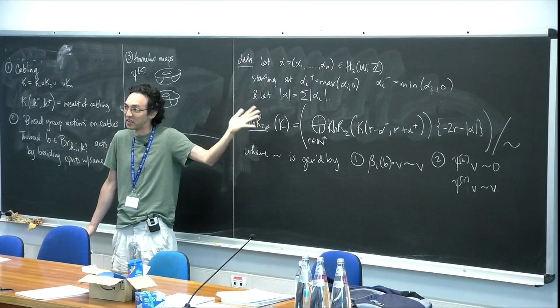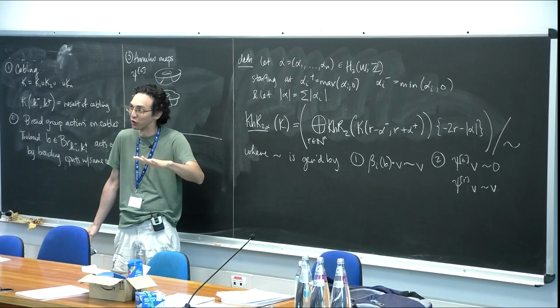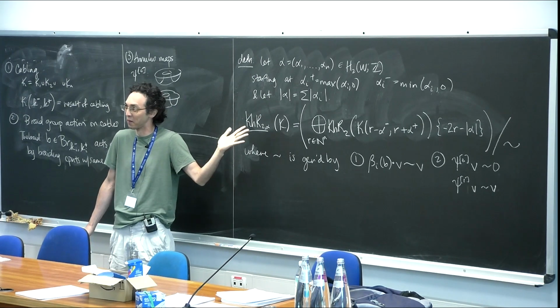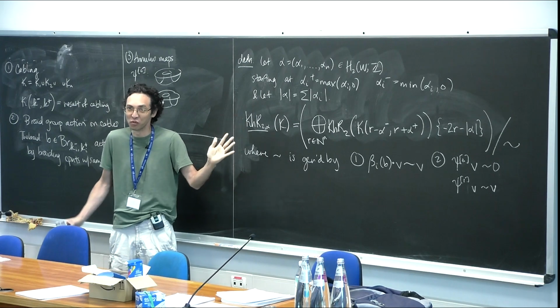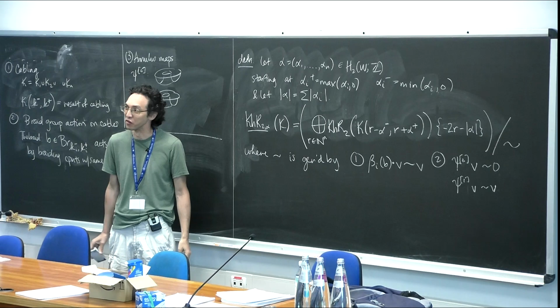Okay? A link diagram is a combinatorial object. And so from here, in principle, combinatorics should be entirely able to take over. That's what I really want to push during my time this week.